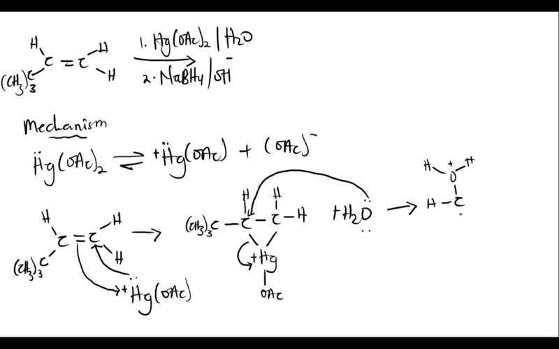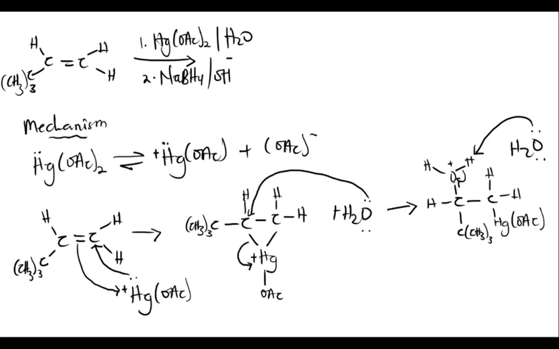Then we have the carbon with the three methyl groups now over here. So let me write that as this: CH3, 3. And we have the carbon with the hydrogen, and then this group over here, the acetoxymercuric group. From here another water molecule will come and pick a proton from here, releasing these electrons onto the oxygen over here.